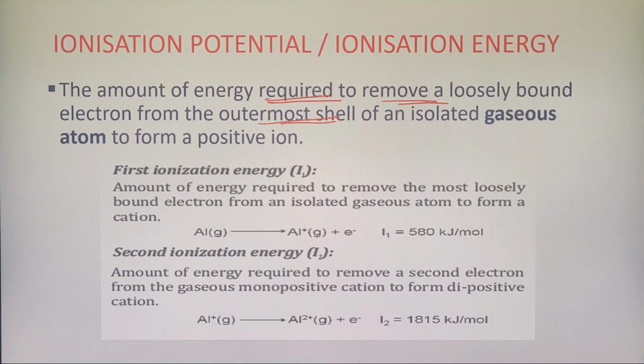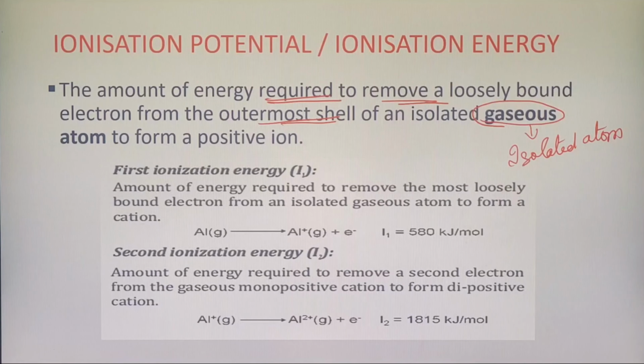Now look at these words, children. From where do we want to remove an electron? From the outermost shell of an isolated gaseous atom. Why do you think this word gaseous is very, very important here? Because whenever we are talking about gaseous, we mean it is an isolated atom, that is, not combined with anything else.